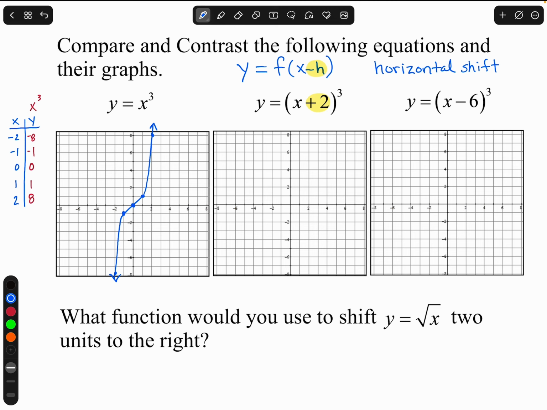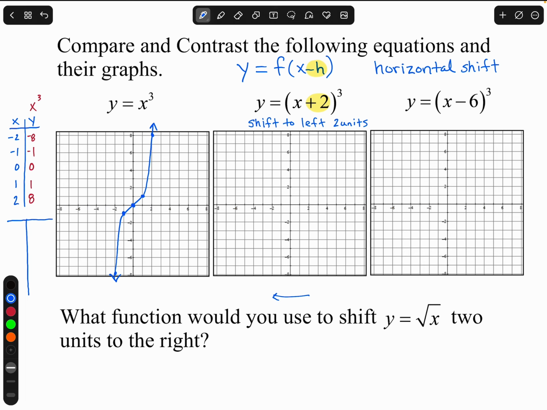If I took this, I'm going to do it over on the side down here. Remember, when we see +2 in here, this is a horizontal shift to the left. So we are shifting our graph to the left 2 units. Anytime you move something to the left 2 units, you're thinking about subtracting.